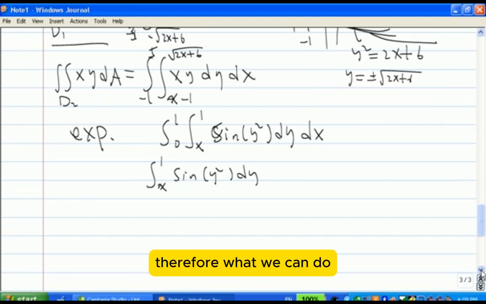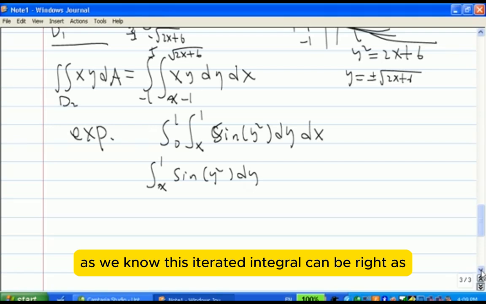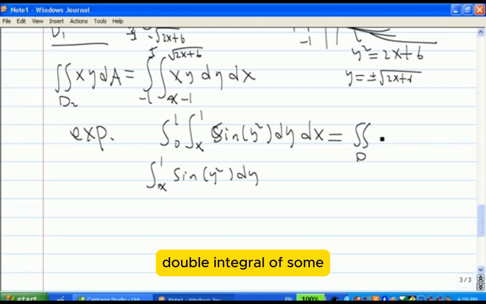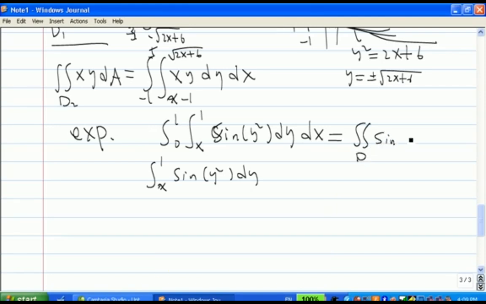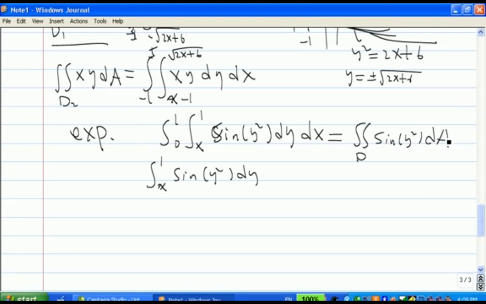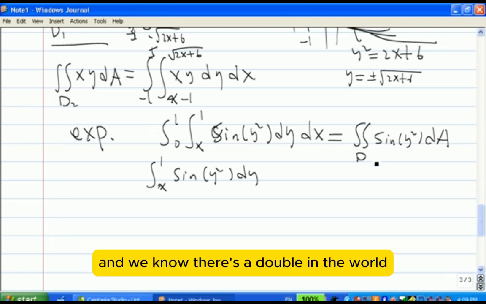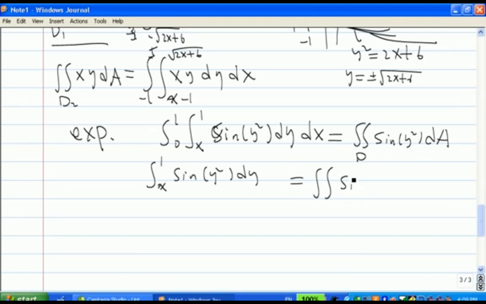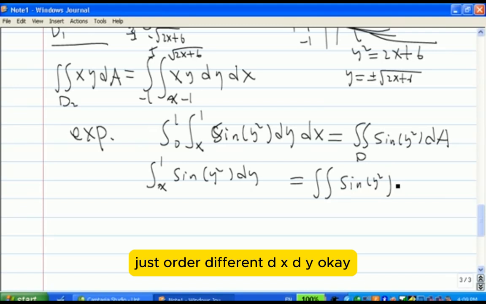Therefore, what we can do, as we know, this iterated integral can be written as a double integral over region D. And we know this double integral can be written in a different order, same function, just the order different, dx dy.